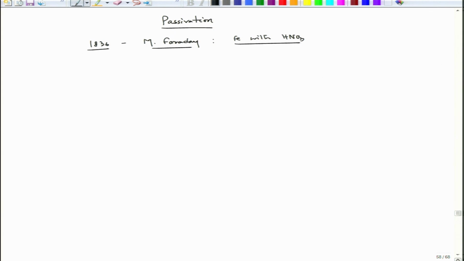The experiment starts with a container containing HNO3, 70% rich HNO3, which is a very concentrated acid, at room temperature and of course atmospheric pressure.